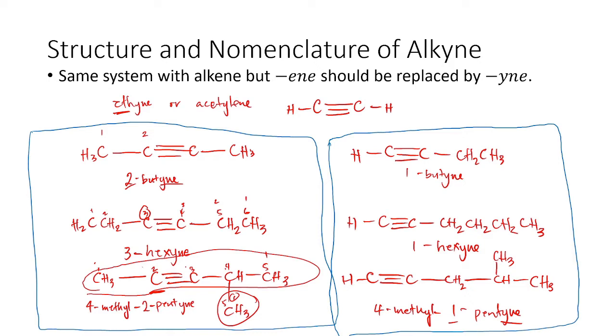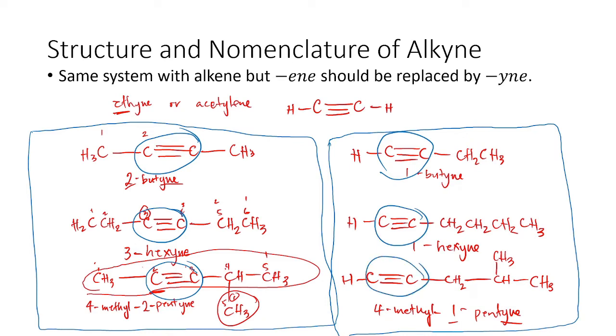We have alkynes where we can find our triple bond inside the chain. Okay? And we can also see alkynes that have their triple bonds at the very end of the chain.